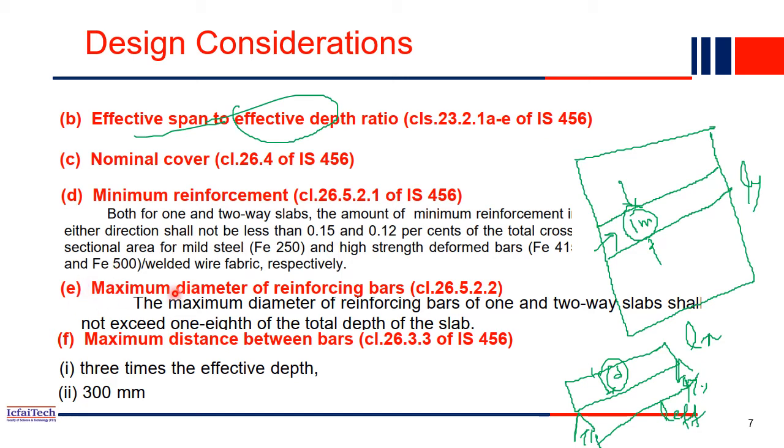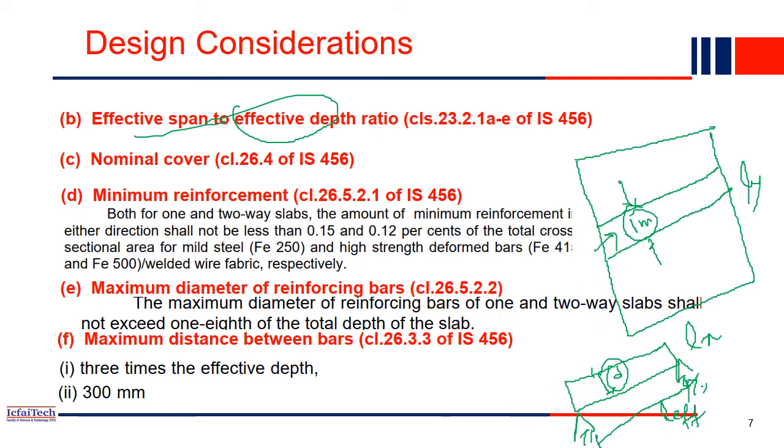Then E is the maximum diameter of the reinforcement bar, because we have to provide reinforcement bars in the slab. So that is how much maximum diameter of the reinforcement bar we can allow. The maximum diameter of the reinforcement bar in a slab shall not exceed 1/8 of the total depth of the slab. Means total depth of the slab, how much we get.